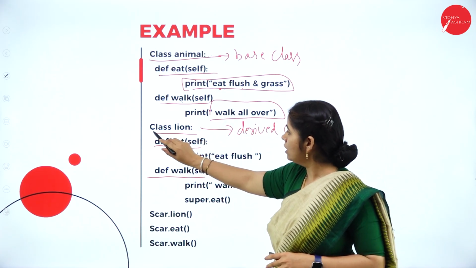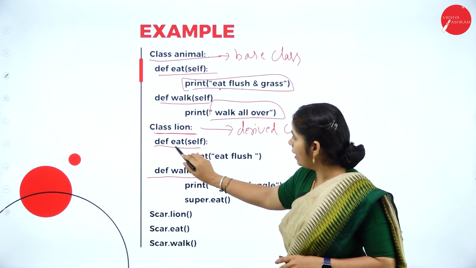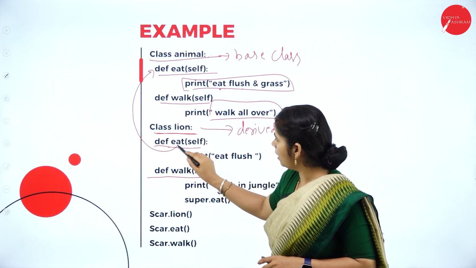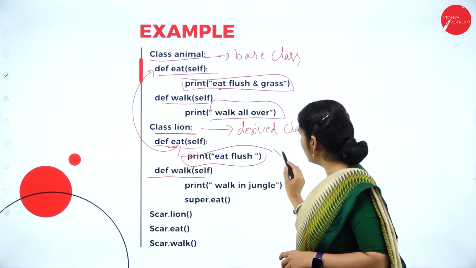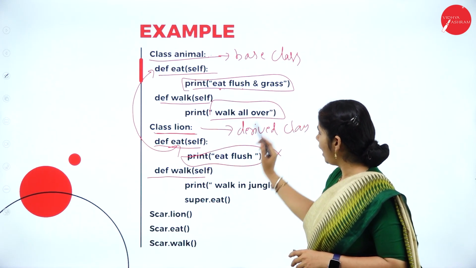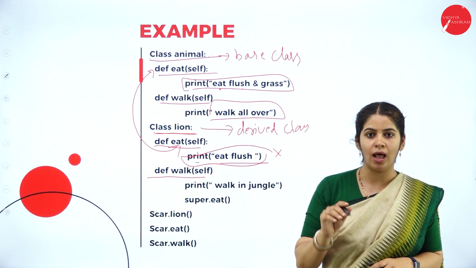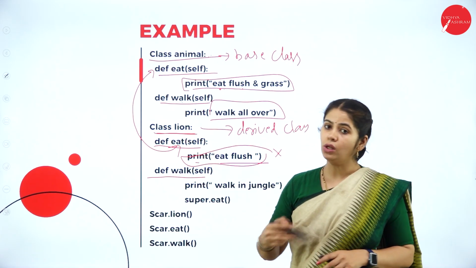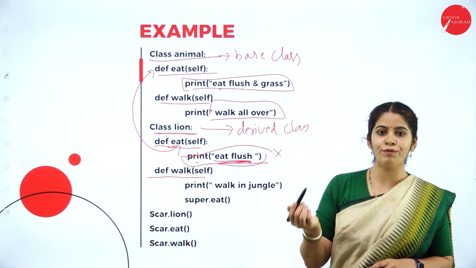Coming to the derived class, we have the same method, eat and eat, both are the same, right? Same method, but what we have defined here is not the same. Here, instead of flesh and grass, I'm printing eat only flesh, because lion is a carnivorous animal, right? So that's why it eats only flesh.